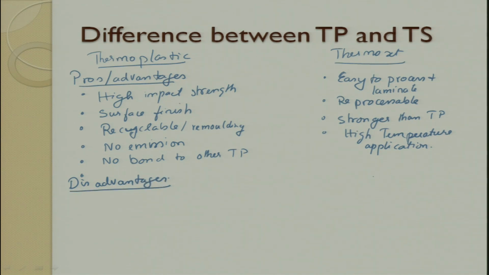The first disadvantage is it will soften when heated. This is one of the big disadvantages. That means to say this cannot be used in high temperature applications. It is not prototype friendly.